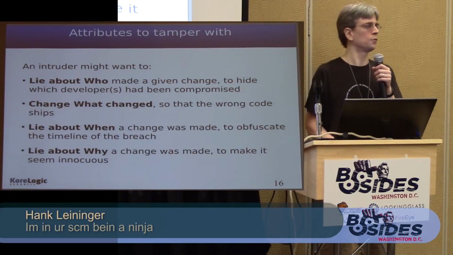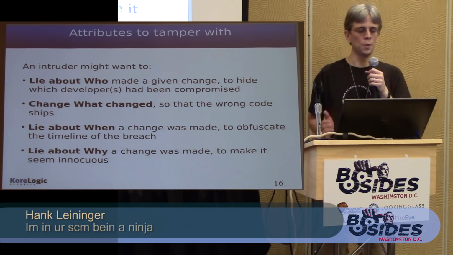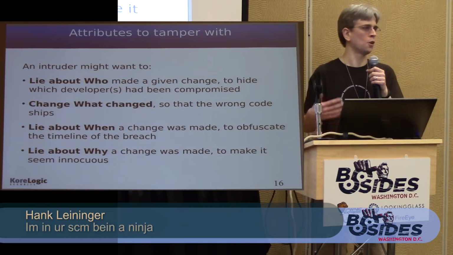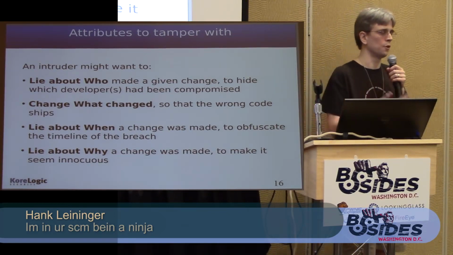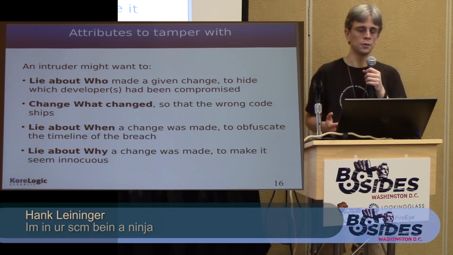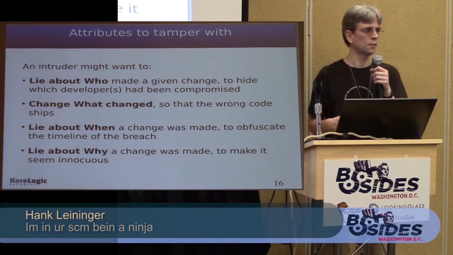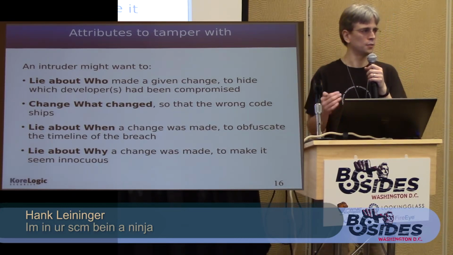There are various things an intruder might want to do when tampering with an SCM. They may want to lie about who made a given change, the author of a particular commit. Maybe they've compromised a certain developer, but they don't want you to know in the inevitable eventual incident response investigation. They don't want the developer whose account they've compromised to be identified as the vector.